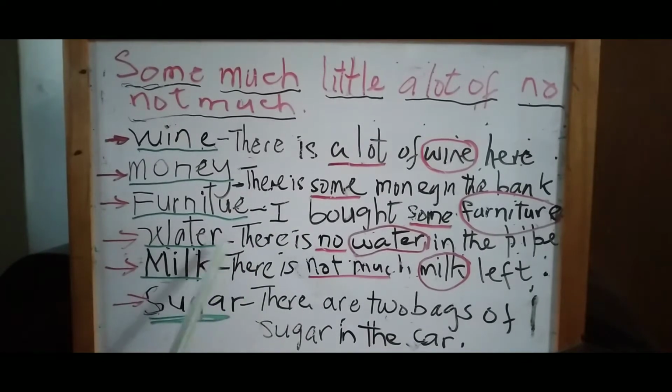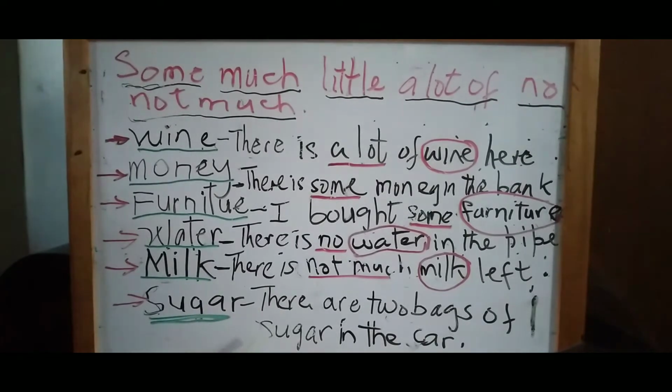And the sentence reads, there is not much milk left. And remember, we say not much, which is one of the words that we could use to tell the amount when it comes to uncountable nouns. So we use not much in this sentence. There is not much milk left. All right? And the verb there is singular.